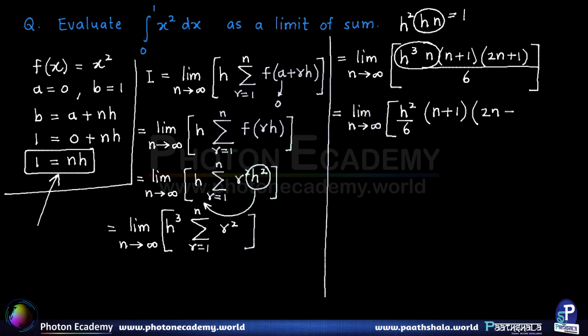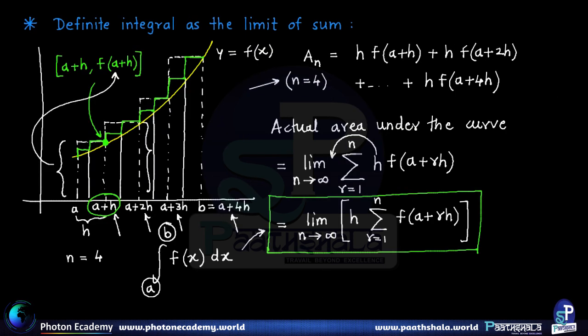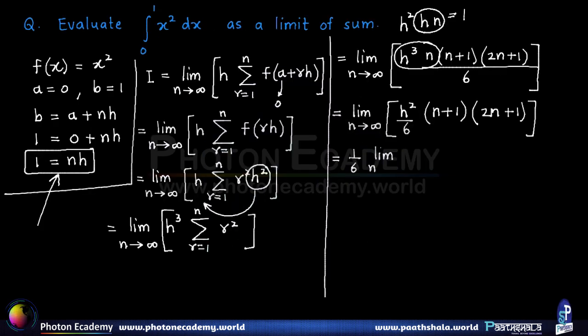Of course, we can take 1 by 6 outside the limit because it is a pure constant. So here we have limit as n tends to infinity.